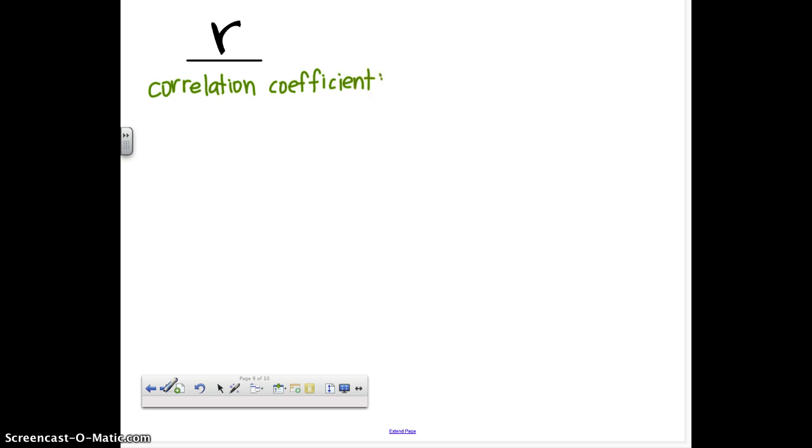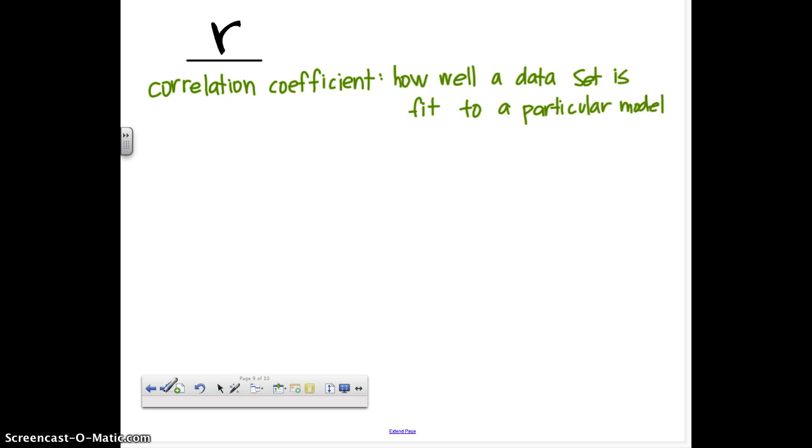And what it tells us is how well a data set is fit to a particular model. Now here our models are lines, so how well it fits with this line. For R, we're looking at a number between -1 and +1.